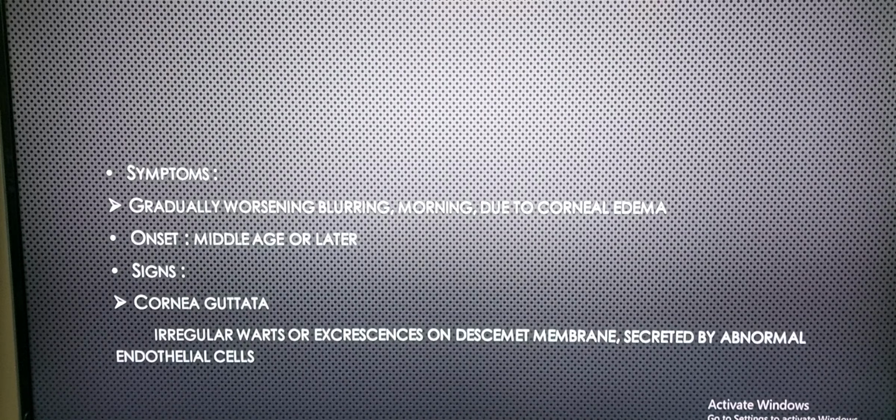Symptoms are gradually worsening blurring in the morning due to corneal edema. Onset is middle age or later. Signs: corneal guttata are seen. Corneal guttata are irregular warts or excrescences on Descemet's membrane, secreted by abnormal endothelial cells.